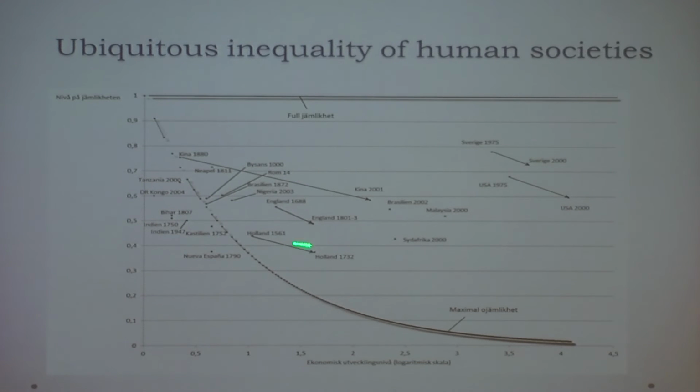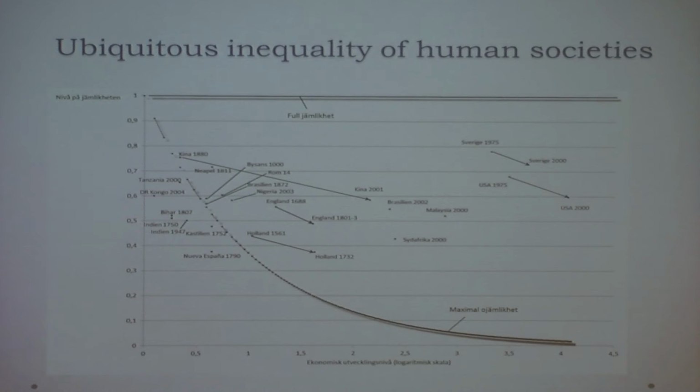And most of the arrows here point downwards, indicating that a general rise in GDP level per capita is connected to a rise in inequality. This is not a law of nature, however, because if we had had Sweden 1875 here, 100 years before, we would have had a system which was both poorer and less egalitarian.